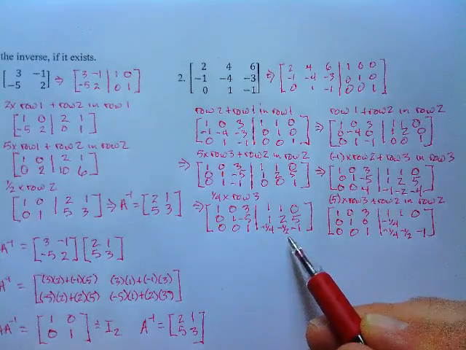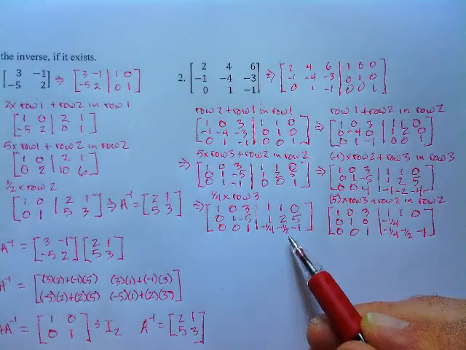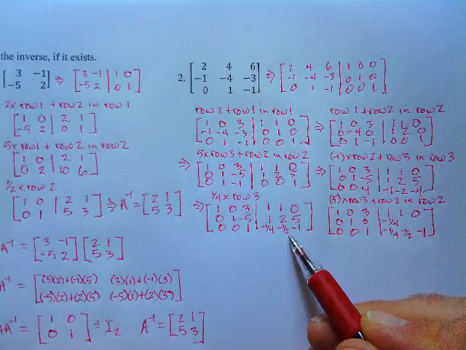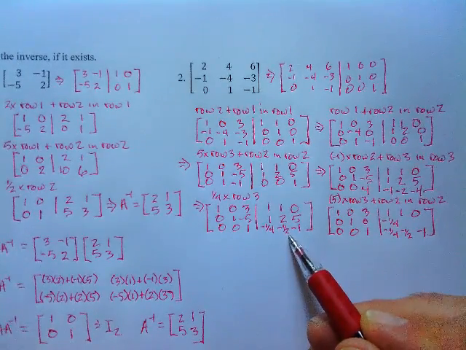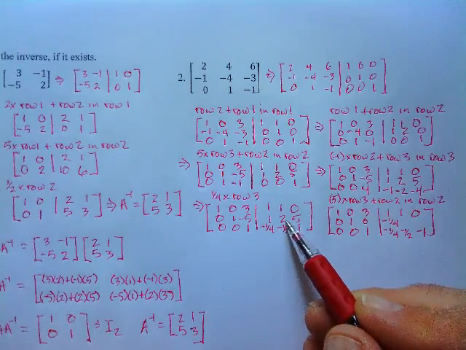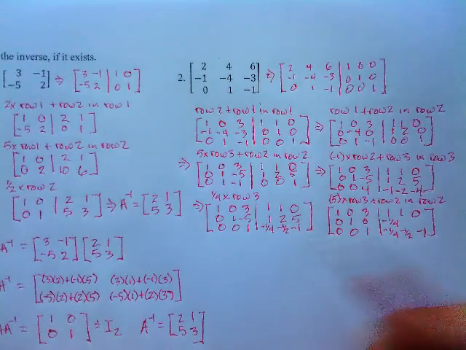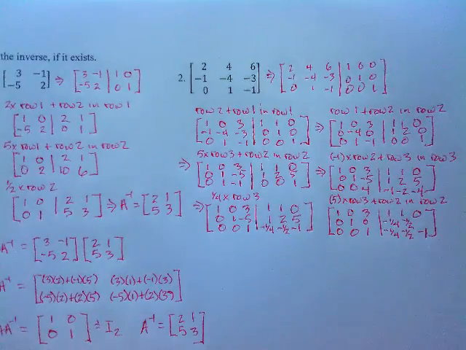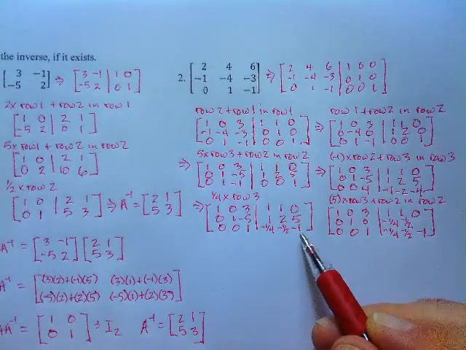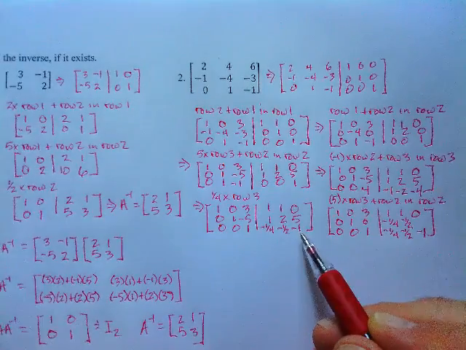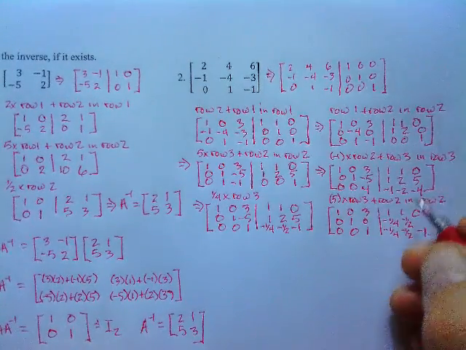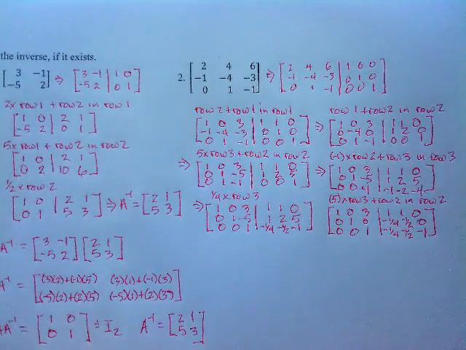Then here I'm going to have 5 times negative 1/2, which is negative 5 over 2, plus 2, which would be 4 over 2, so negative 5 plus 4 over 2 gives me a negative 1/2 there. And then 5 times the negative 1 gives me negative 5, and plus 5 gives me 0.